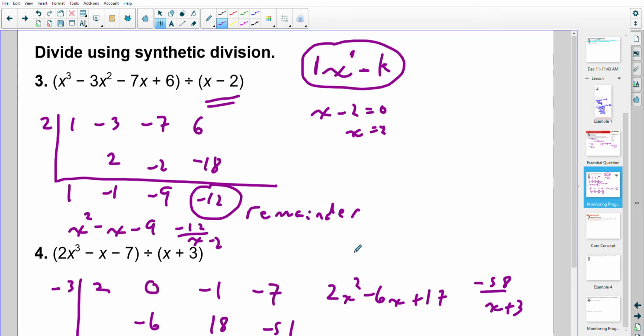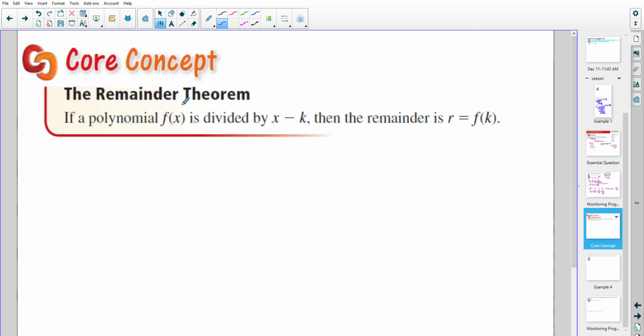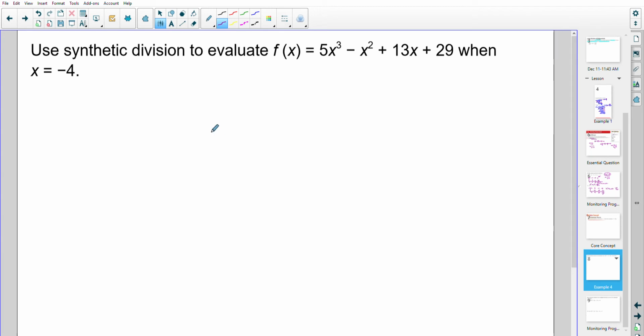Now, notice that these are the remainders when you do the synthetic division. There's a theorem, that's the remainder theorem, and it says if you have a polynomial divided by x minus k, the remainder is when you substitute k in for x. So what that means is you could do it synthetically, or you could just plug in -4. Notice it's not a factor here, it's x equals -4.